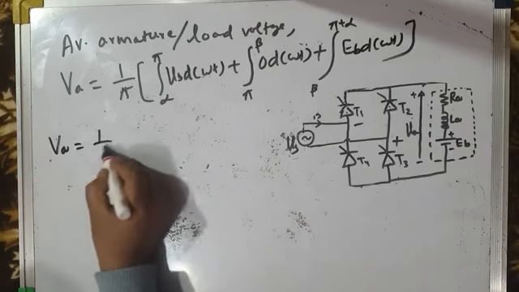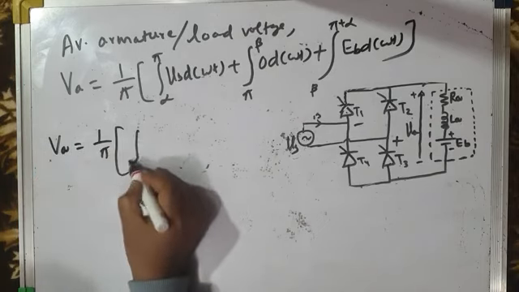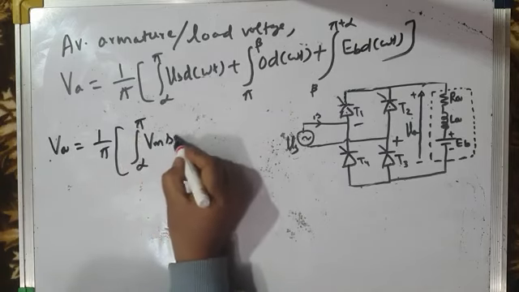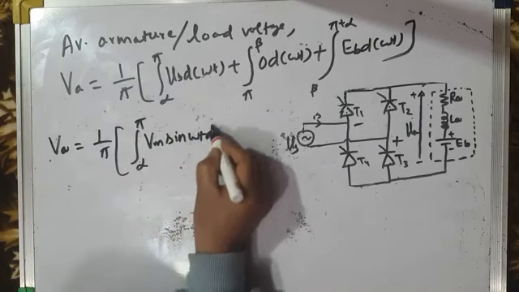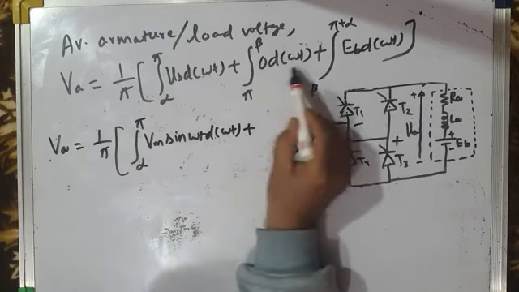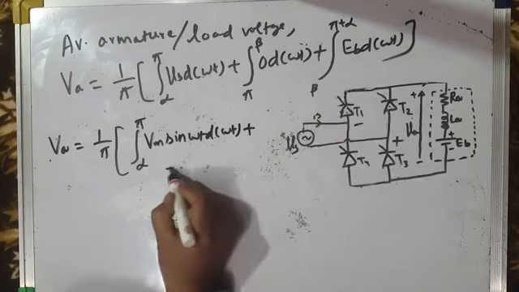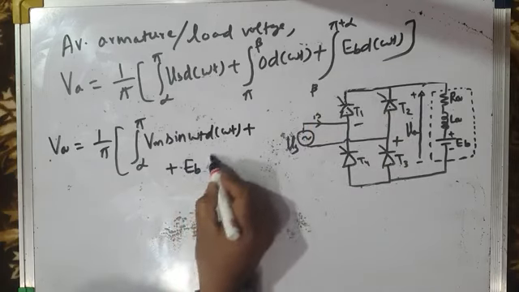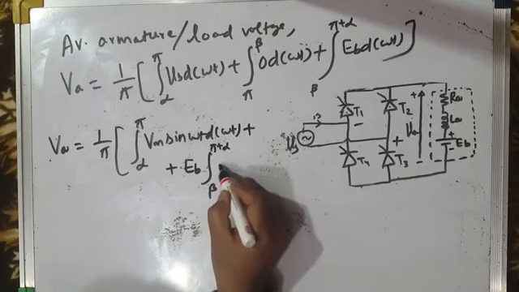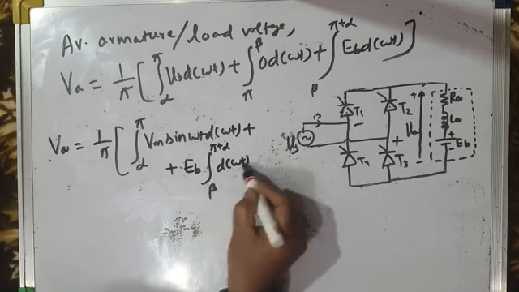Average load voltage is 1 by pi times the integral from alpha to pi of Vs, which is Vm sine omega t, d omega t, plus the second term, which is 0 so I will not write it, plus the third term, EB integrated from beta to pi plus alpha, d omega t.